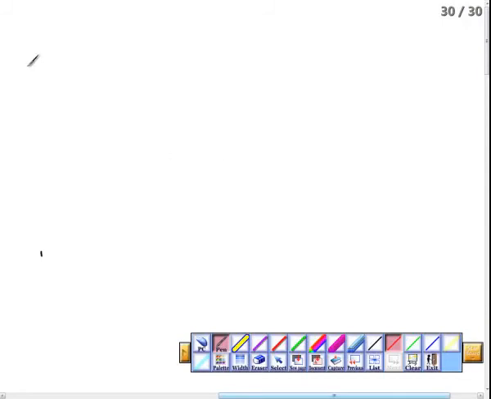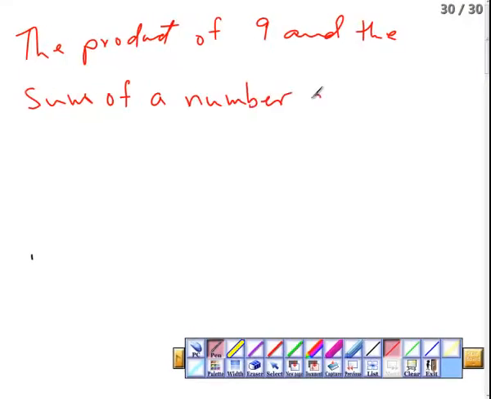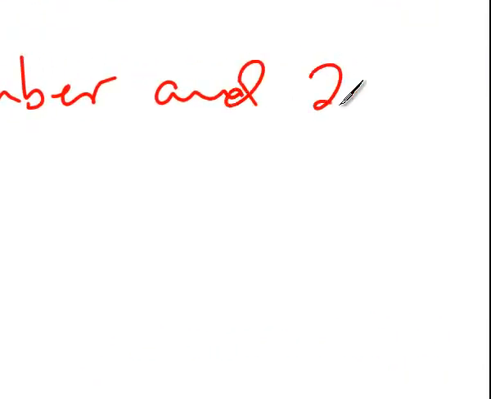Okay, here's one. The product of 9 and the sum of a number and 20. The sum of a number and 20.